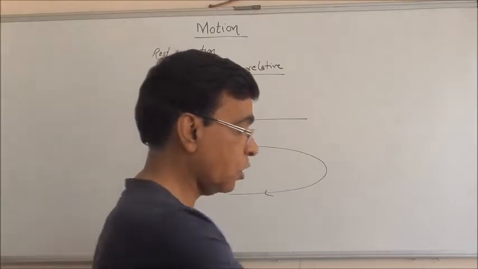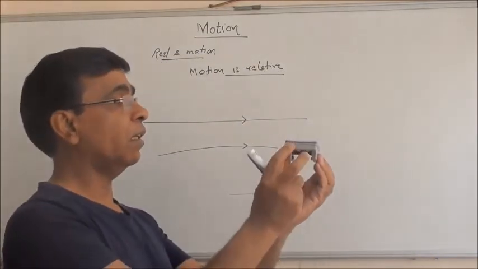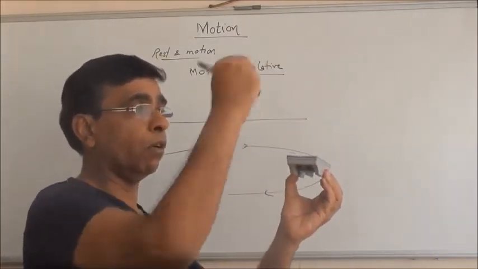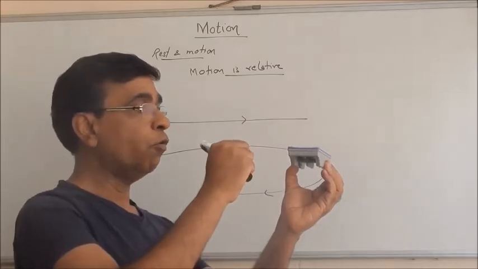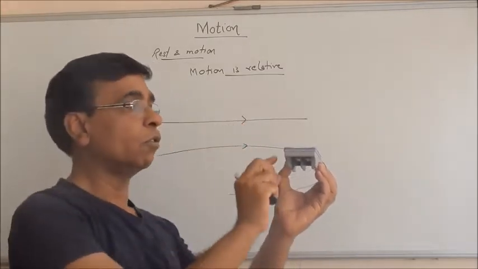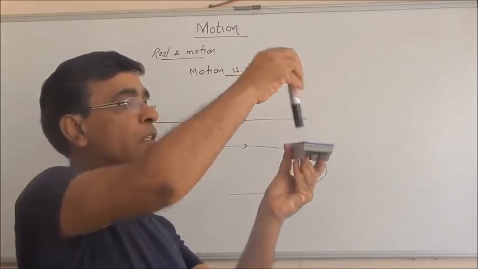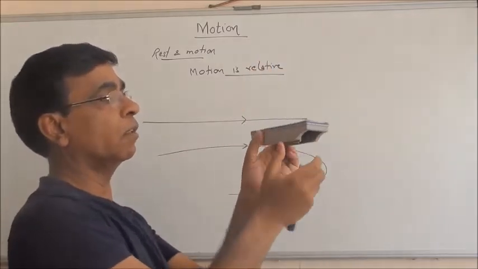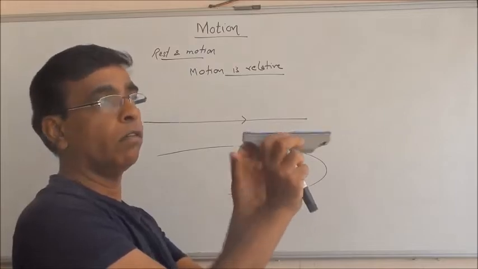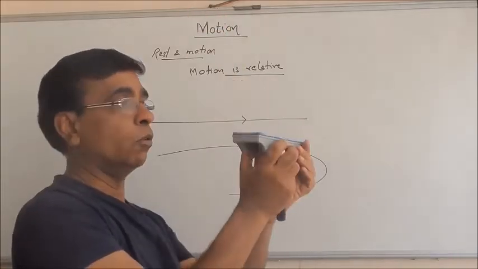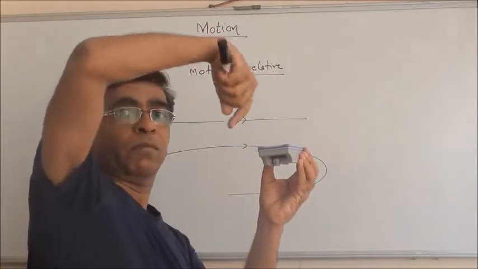Another example is rotational motion. Rotational motion is, I take this object and instead of moving along a line, it's moving around a line. It moves like this, like a fan.